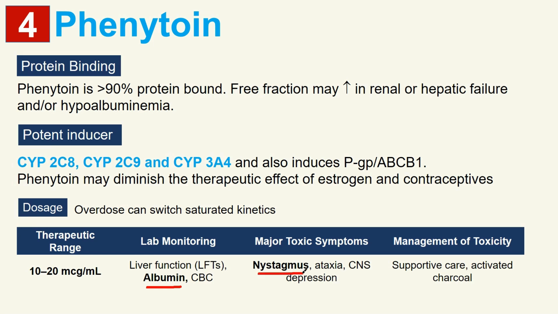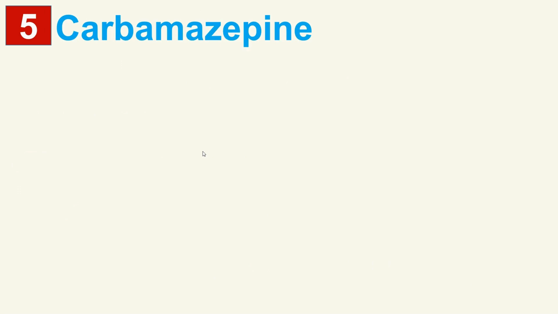Phenytoin toxic symptoms include nystagmus, that is rapid eye movement, or ataxia, losing balance. These are mainly CNS toxic symptoms. Therefore, watch for them in patients, especially those taking intravenous phenytoin for status epilepticus.